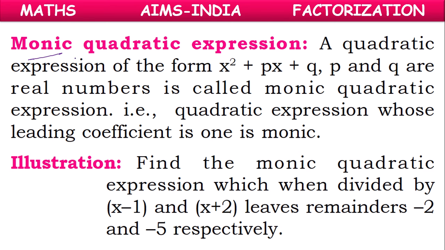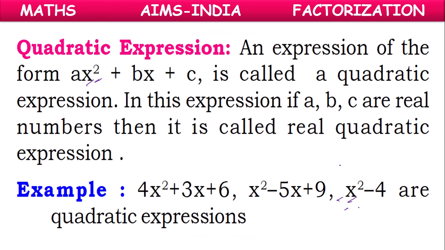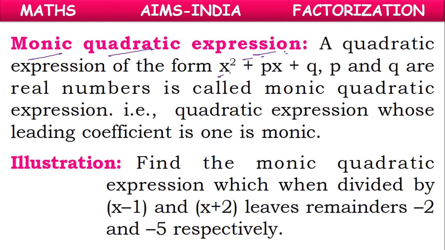Next, children, monic quadratic expression. In the earlier example we took ax square plus bx plus c. But a quadratic expression in the form x square plus bx plus c, where a is missing or the value of a is 1, means the coefficient of the x square term is always 1.